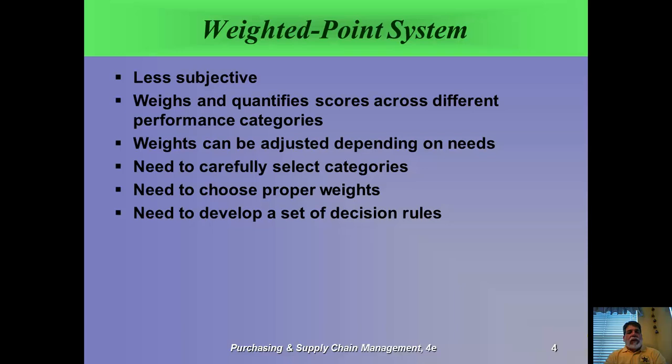I've already talked about carefully selecting your categories, the number of categories, and your weights. That's an internal decision. That's something that you are going to have to do with other people. Don't let one person do it. Work this out as a team. And of course, as I mentioned before, develop a set of decision rules, write them down, justify them, and keep them. And yes, they can be modified from time to time.